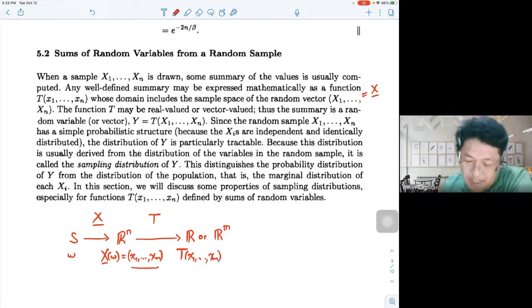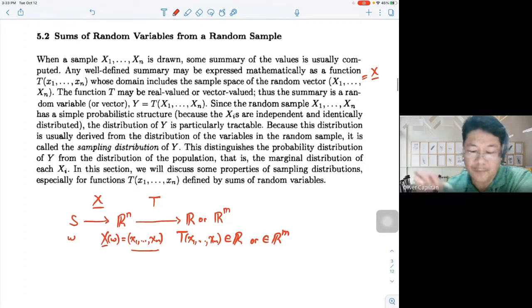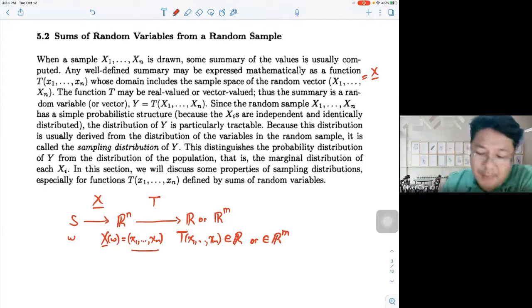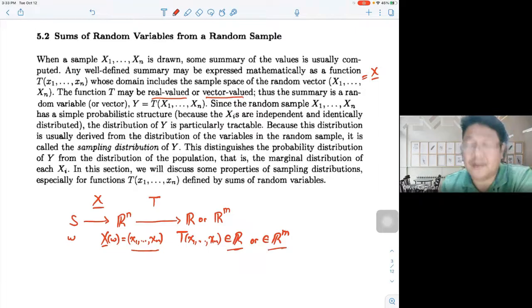It could be an element of R, just a real number, or an element of R to the n. Okay, so that is our function t. The function t may be real valued, or vector valued.